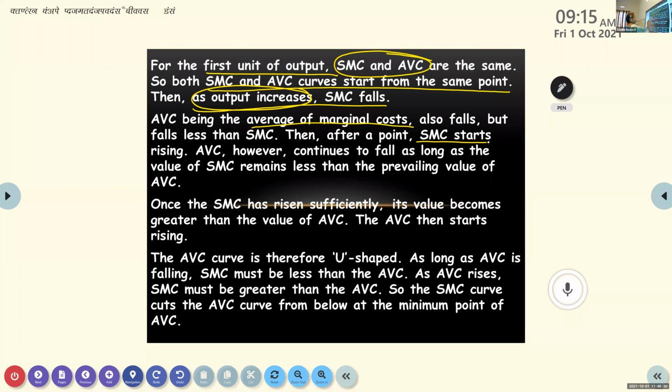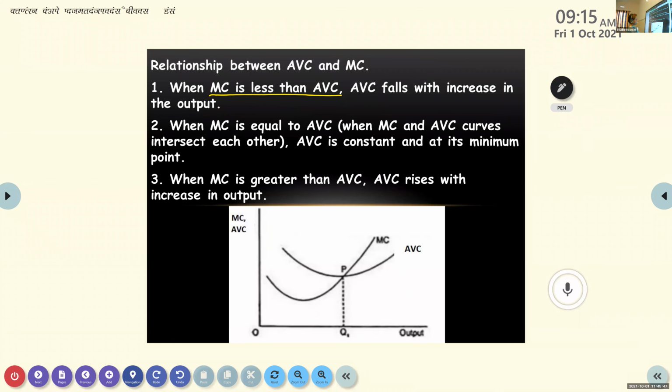Then SMC starts rising. Even though SMC starts rising, at that point also, AVC continues to fall. So here in this previous one, if you see, MC is still here, and from this point it starts rising. But still AVC, what is happening? Is it rising or falling?